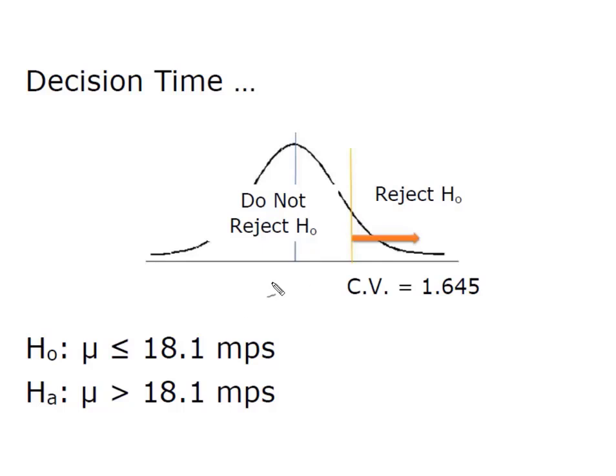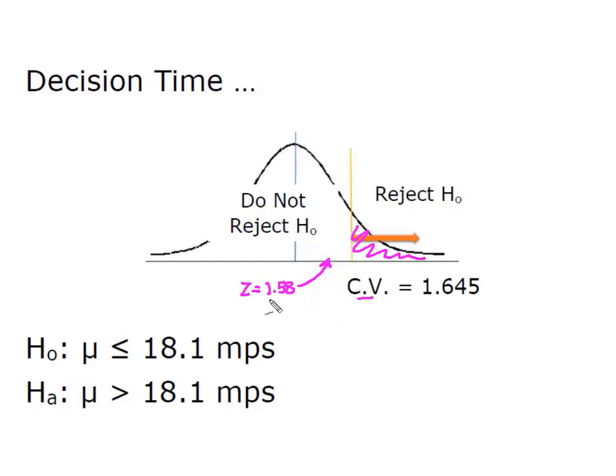So it's decision time. We knew that our calculated test statistic of our z was 1.58. And remember, we would have needed a calculated test statistic more extreme than this critical value to reject H0. And that 1.58 falls somewhere down here below the critical value.